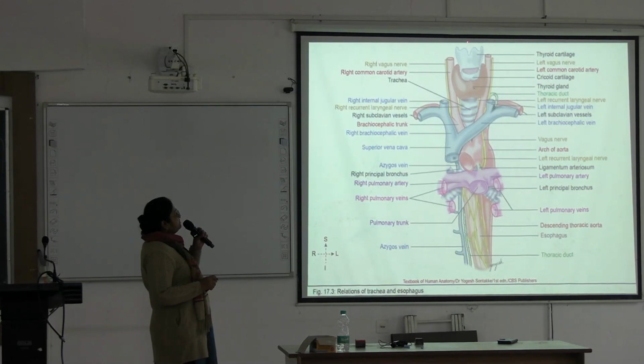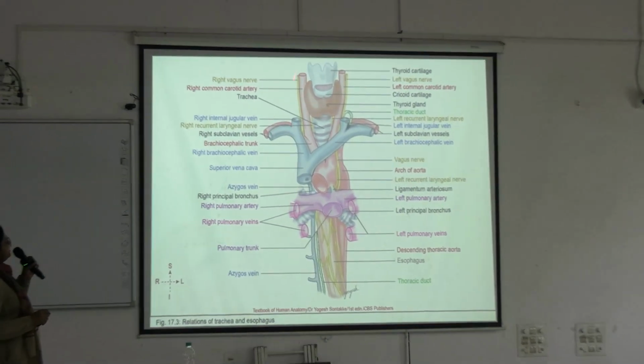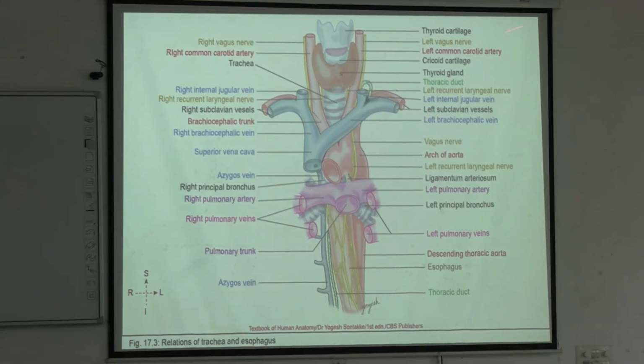These are the relations of trachea. See, this is larynx, here is the trachea. On the two sides, you can see the right common carotid, left common carotid, and these are the vagus nerves, right vagus, left vagus, in the cervical region.